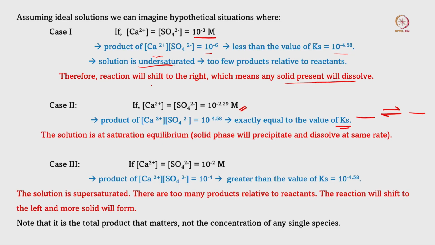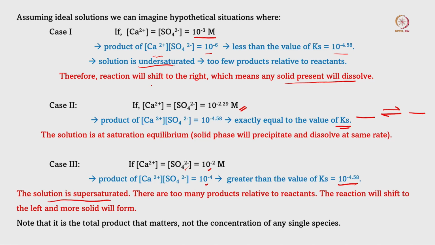Another case. Now, if the calcium and the sulphate concentration is 10 to the power minus 2 moles, now the product becomes 10 to the power minus 4, which is greater than the value of Ks, that is 10 to the power minus 4.58. Now, the solution is supersaturated.